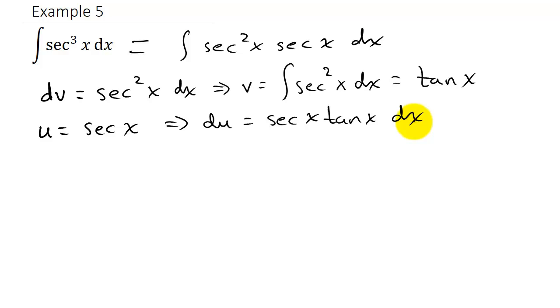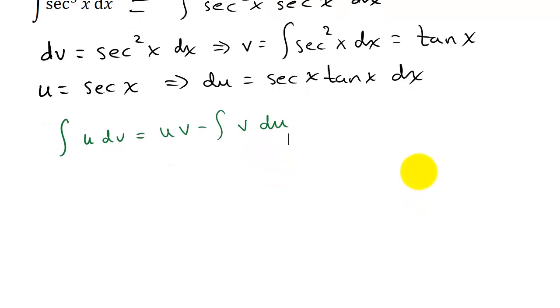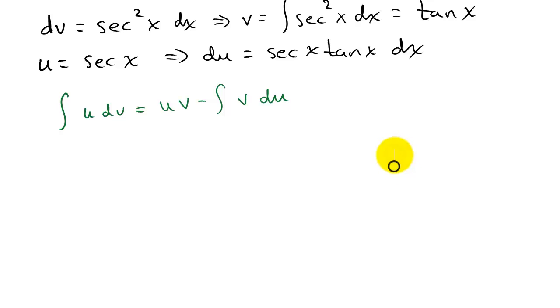Alright, so now we're going to do integration by parts. So we've got the integral of u dv is equal to u times v minus the integral of v du. So let's go ahead and write the problem again.